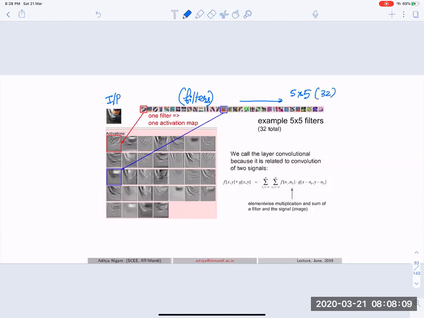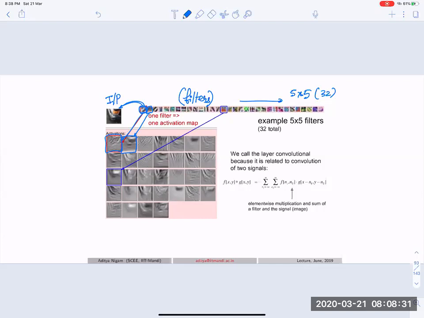If I take these filters one by one and convolve this image with all of them, if I take this filter and convolve here, you are going to get an output like this, which is shown over here. If I take the second one and convolve here, you are going to get an output like this. So these are the outputs that are going to be seen.